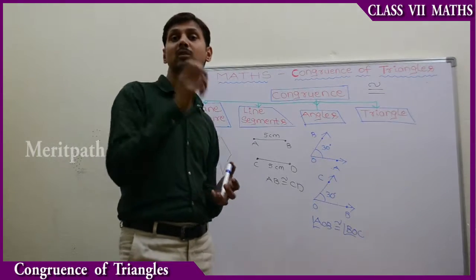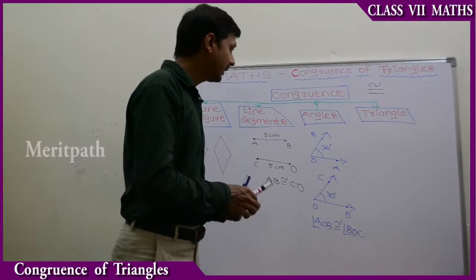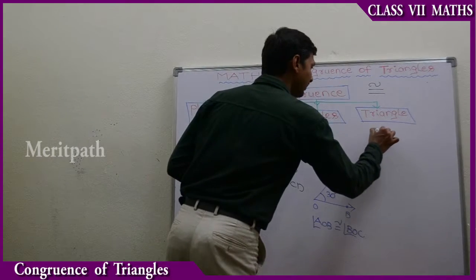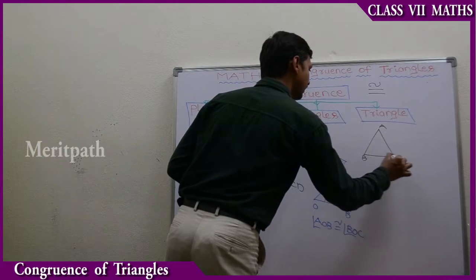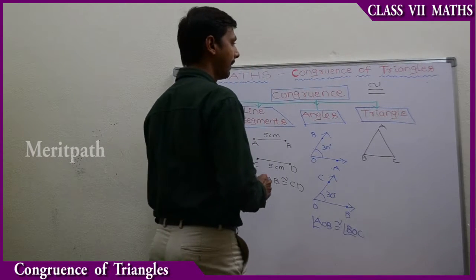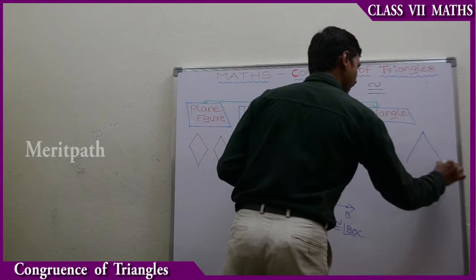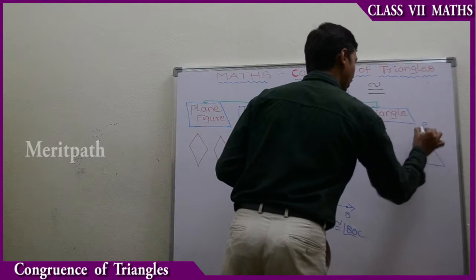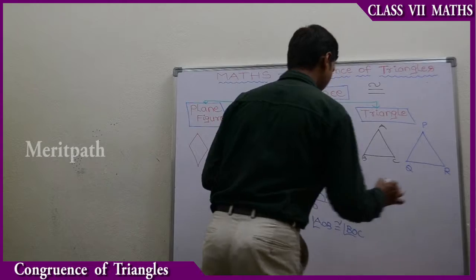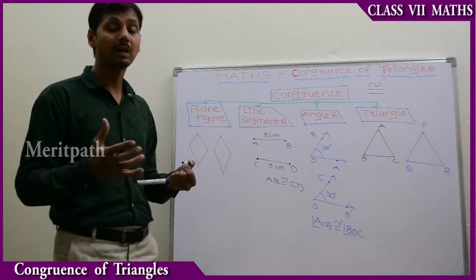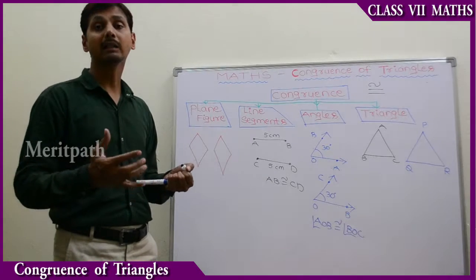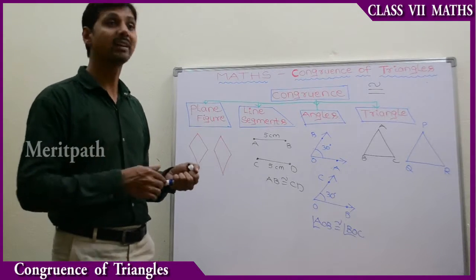Let's go to the triangle. When we compare 2 triangles, like triangle ABC and triangle PQR, if the corresponding sides of the triangles are equal and corresponding angles are equal, then we say that the two triangles are congruent to each other.